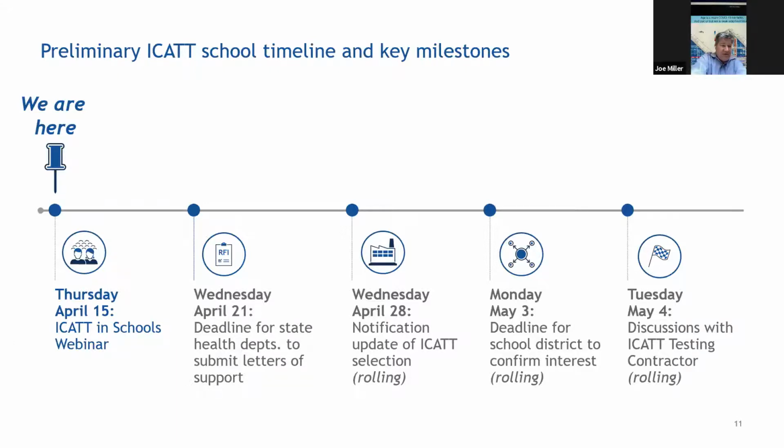So the last 3 time points will be rolling. However, at each of these stages, we'll make sure that we notify all of the participants of the status of their application. And with that, I'm going to hand it back over to Melissa.